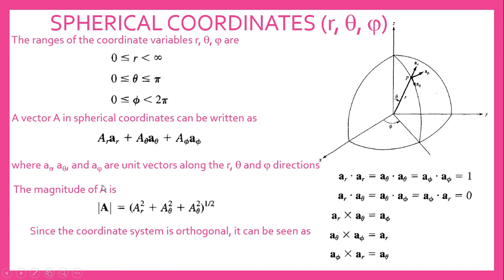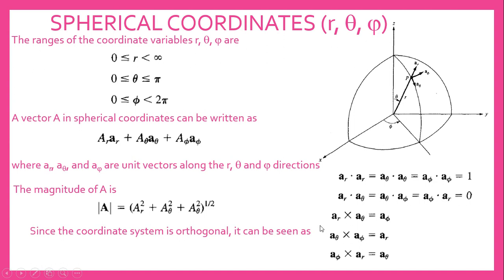Once again, the magnitude of A is given by the square root of capital A_r squared plus capital A_theta squared plus capital A_phi squared. Since it is an orthogonal system, the dot product of the same unit vector will be equal to 1: a_r dot a_r, a_theta dot a_theta, a_phi dot a_phi are equal to 1. And other dot products will become 0.